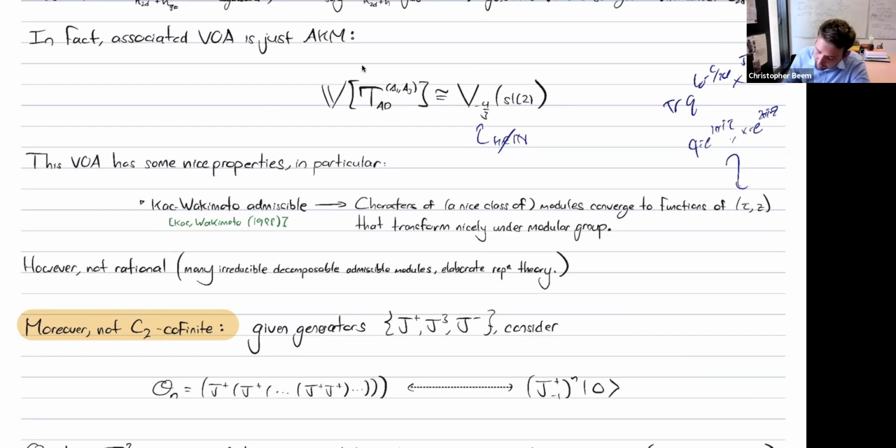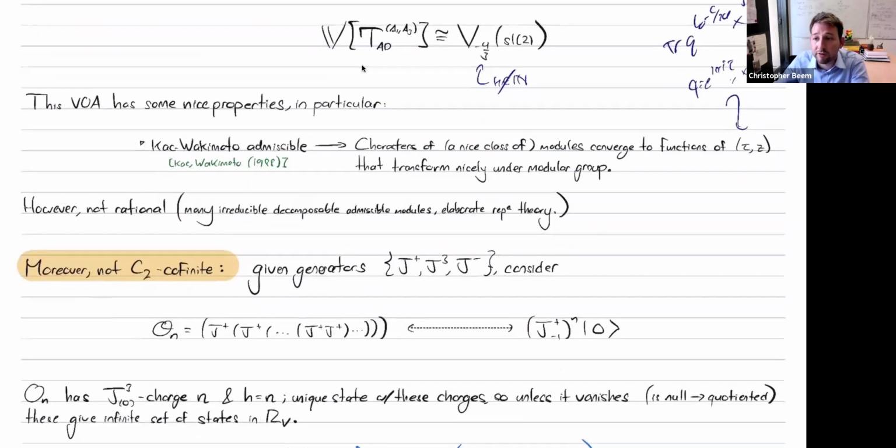So your characters converge to functions of tau and z that transform nicely under the modular group, meaning that there's some sort of weak Jacobi forms, actually weak Jacobi forms of weight 0. That's not important, but there's some good modularity property akin to what you run into in the rational case, even though these are not rational. Okay, so we're running into irrational vertex algebras that still have some niceness properties.